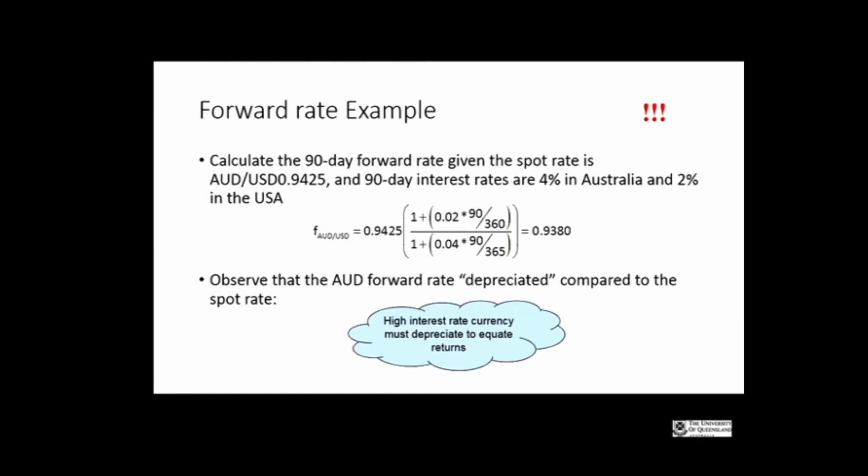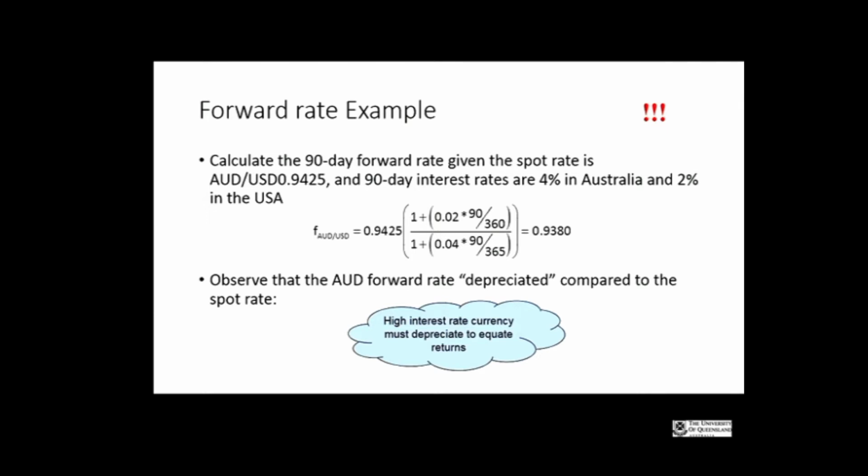If the foreign country has the higher interest rate, that means the forward rate must include an appreciation or depreciation. Take South Africa. If South Africa has higher interest rates than Australia, and we want to make a forward for Australian dollars to South African rand, the rand, according to the forward contract, must appreciate or depreciate.